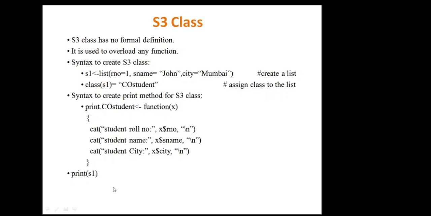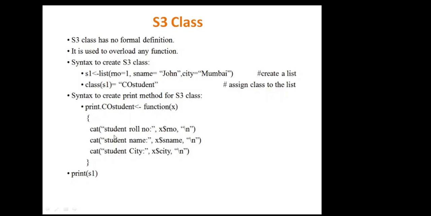Okay, now see, when we say S3 class has no formal definition, it means that the objects of an S3 class can have different numbers of attributes or different numbers of values. For example, suppose S1 is the object of this CO student class. This S1 object consists of 3 attributes: roll number, name and city.